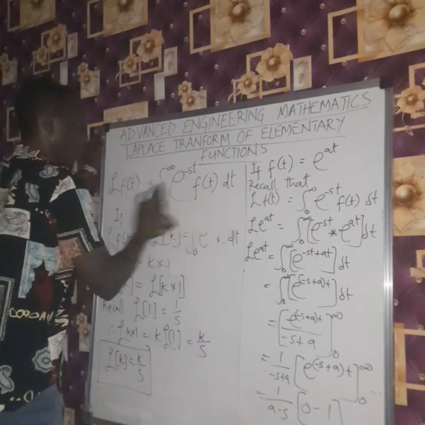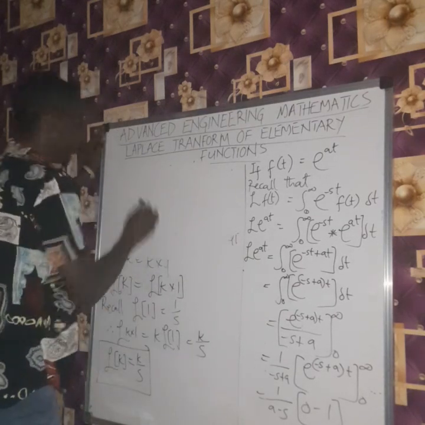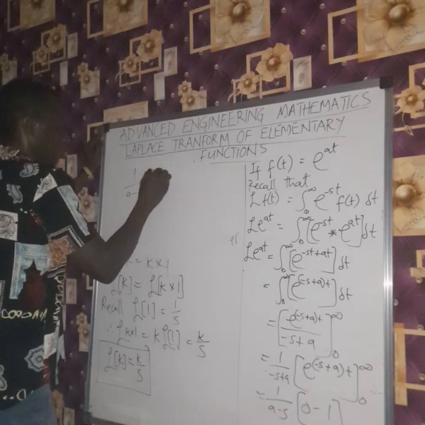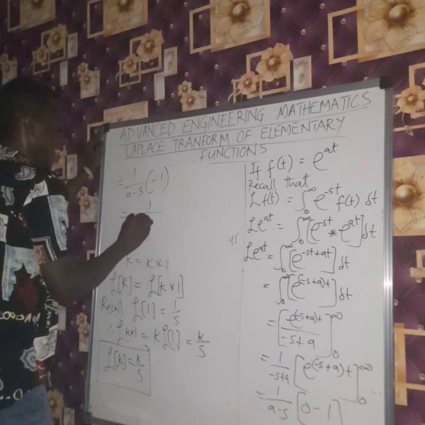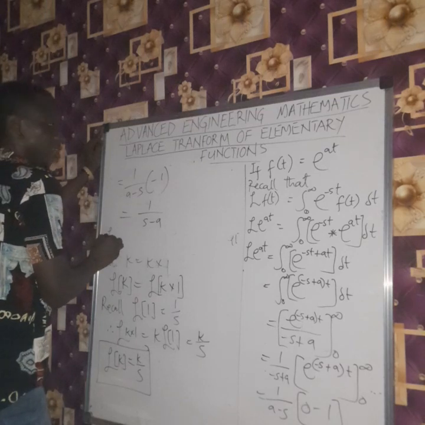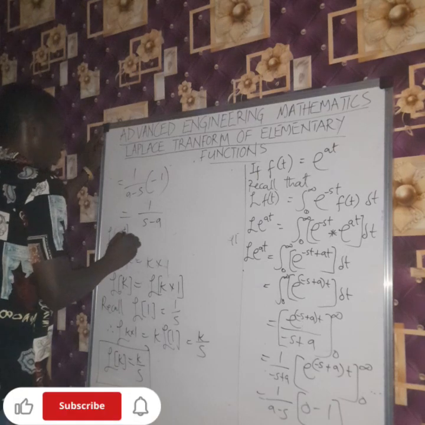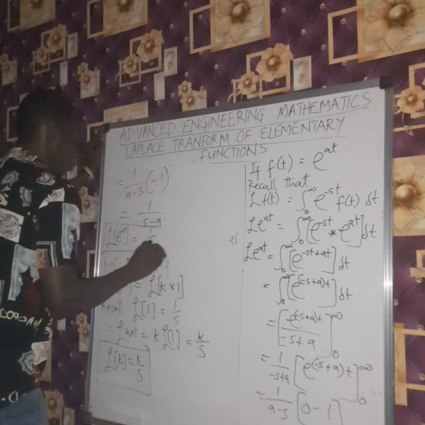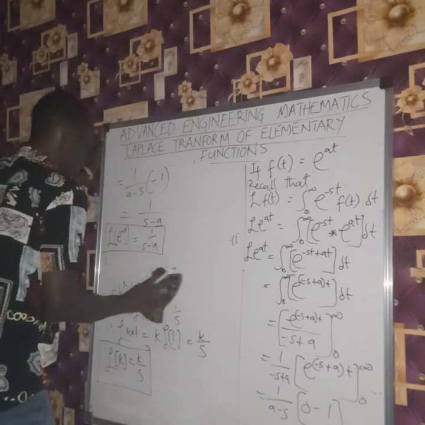So we are going to have 1 over a minus s of minus 1, and that is equal to 1 over s minus a. So we can say that the Laplace of e raised to the power a t equals 1 over s minus a.